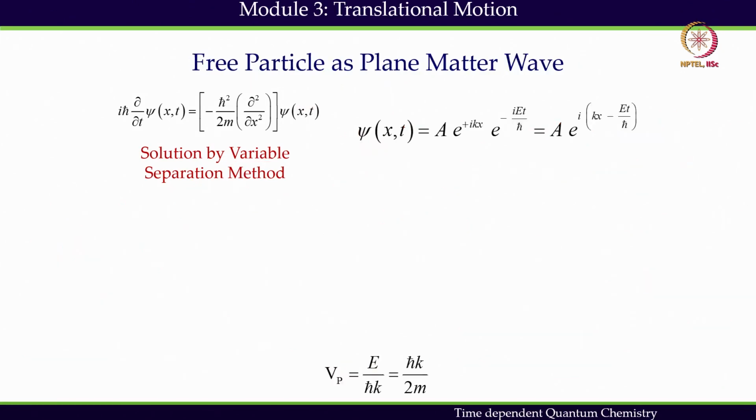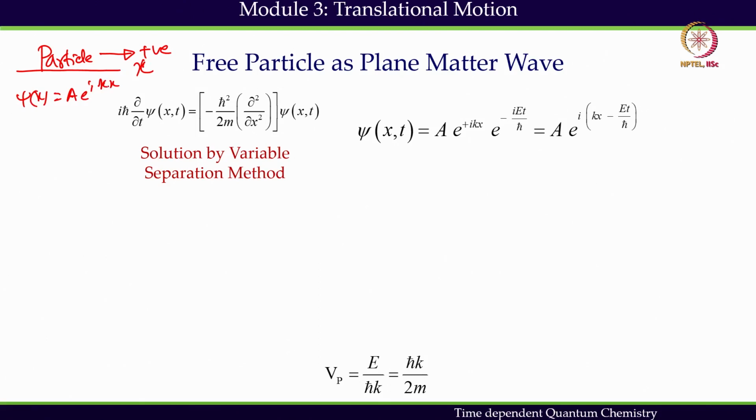Let us assume that our particle is moving along positive x direction. In that case, I will be able to consider psi(x) equals A e to the power i k x.